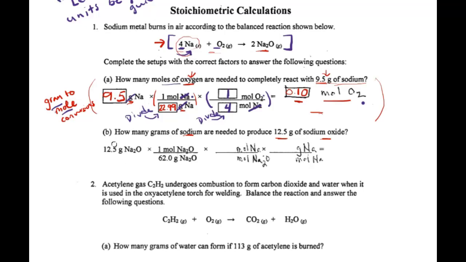Okay, so we have what we started with, 12.5 grams of sodium oxide, and then we have our first conversion factor. Again, how many grams of sodium oxide are in 1 mole? Remember, you get this from the periodic table.